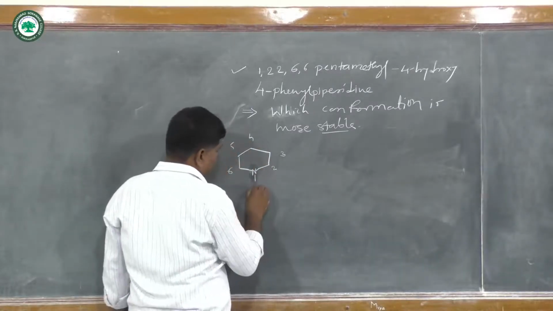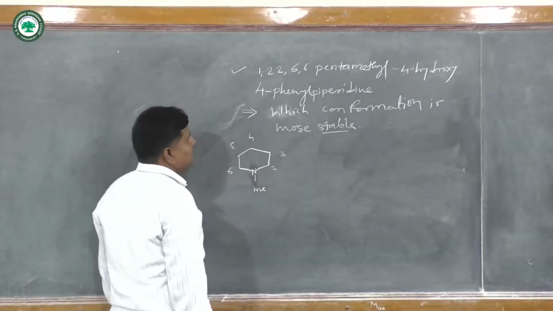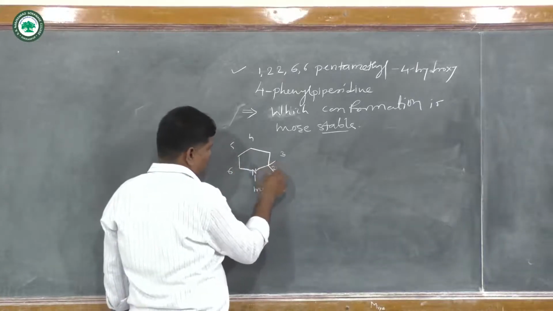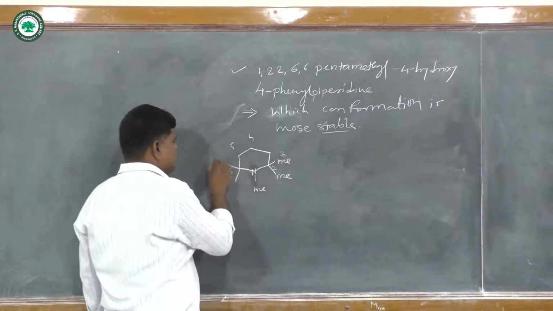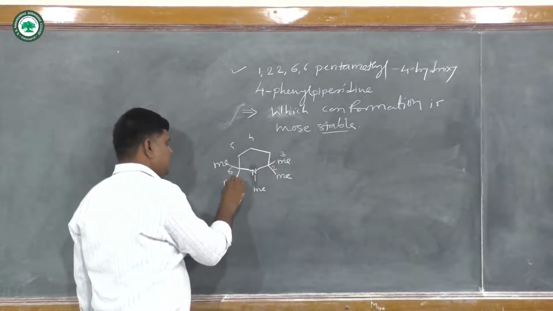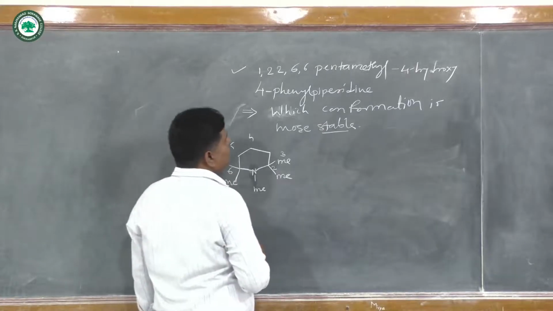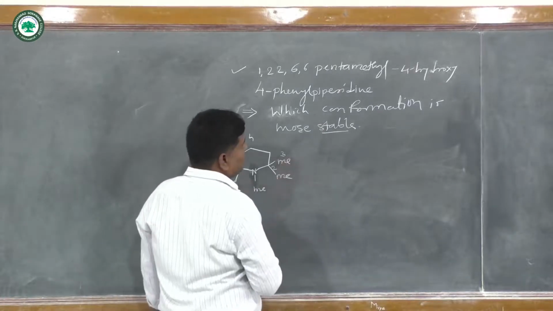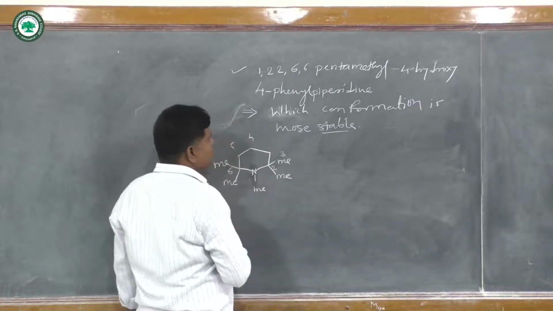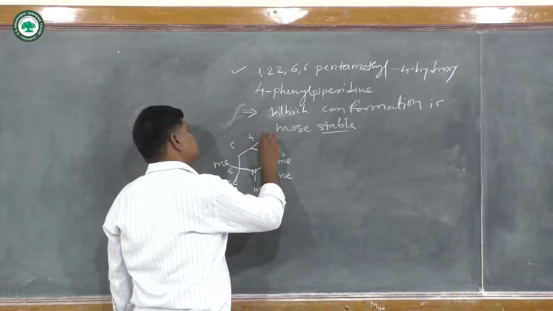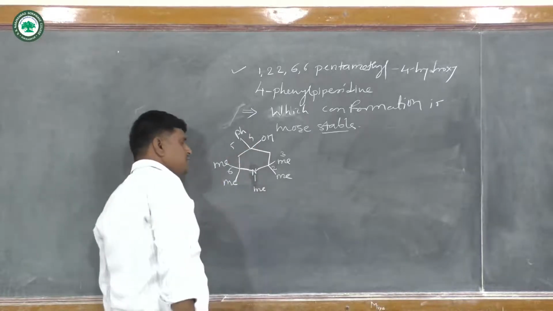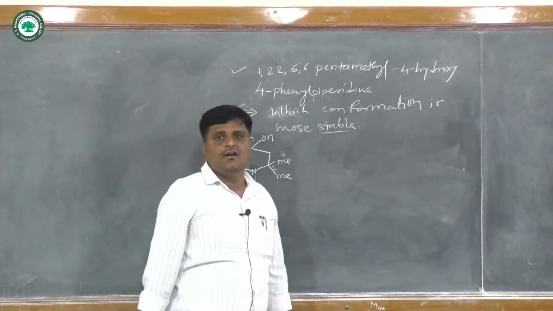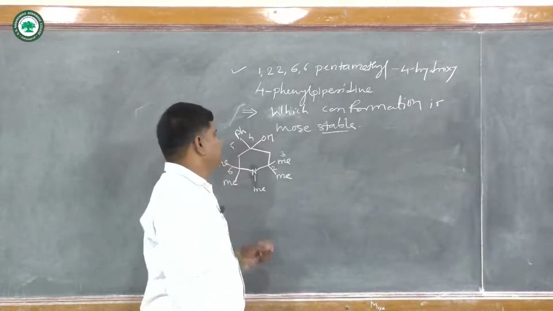Now suppose this is 1-methyl, 2-methyl, 2-methyl, 6-methyl, 6-methyl. These are the pentamethyl, 4-hydroxy-4-phenyl. Suppose this is 4-hydroxy and this is 4-phenyl. It means two substituents are present on the 4th position.